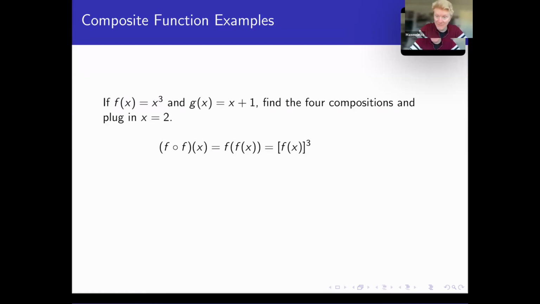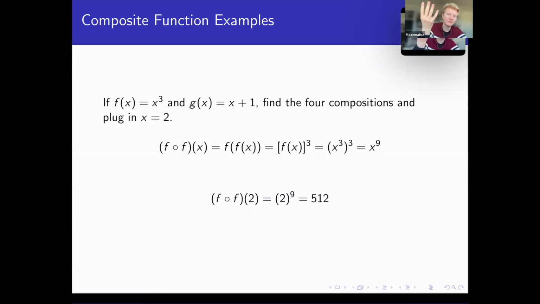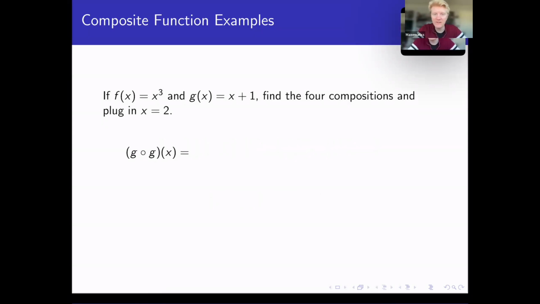But what is f of x? F of x is x cubed. So we have x cubed cubed, which is x to the 9th. Well, if we want f of f of 2, just plug in 2, and 2 to the 9th is 512. 2, 4, 8, 16, 32, 64, 128, 256, 512. There we go.